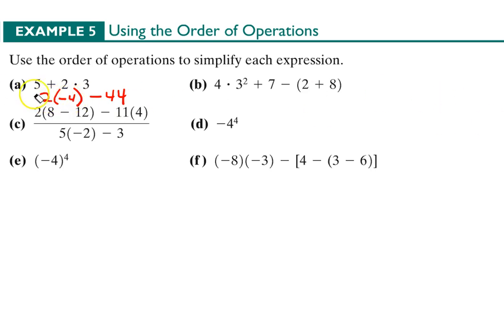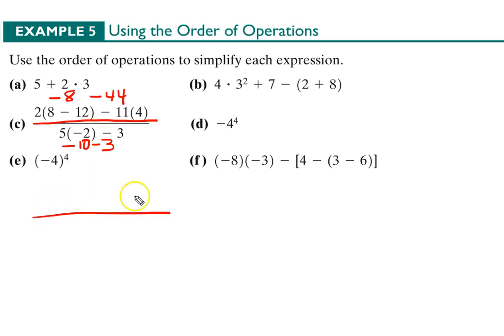So I'm just going to erase this now and put there a negative 8. So this is still on top of this grouping symbol, the division bar. So now I have 5 times a negative 2, which is a negative 10, and a negative 3.